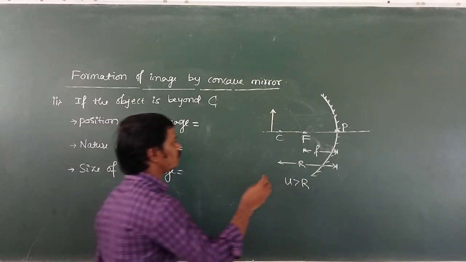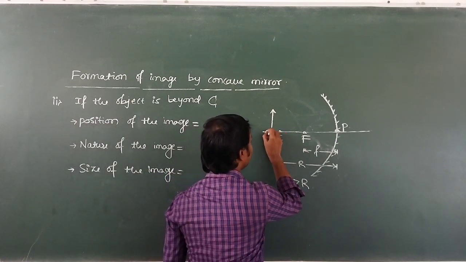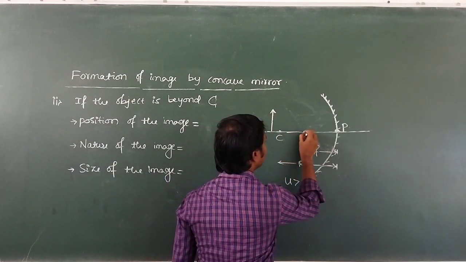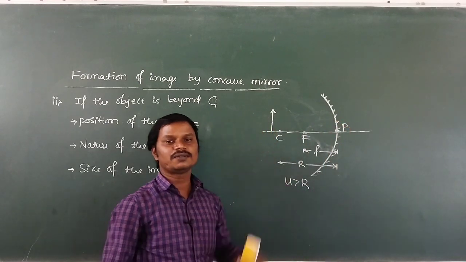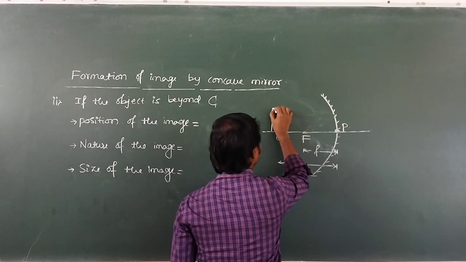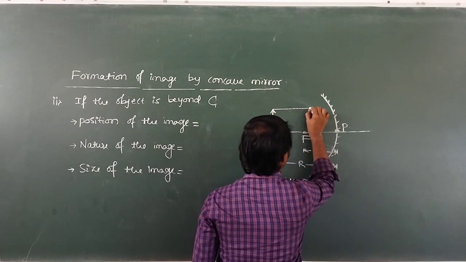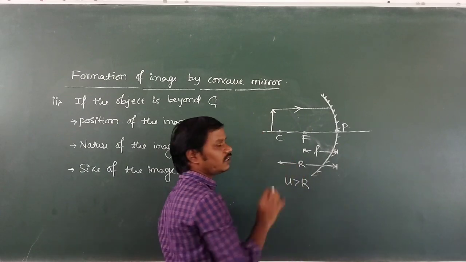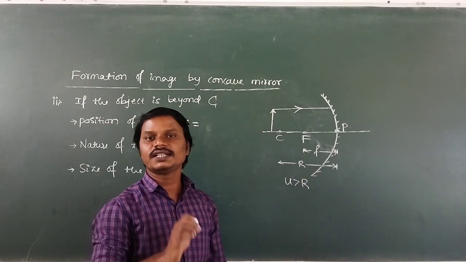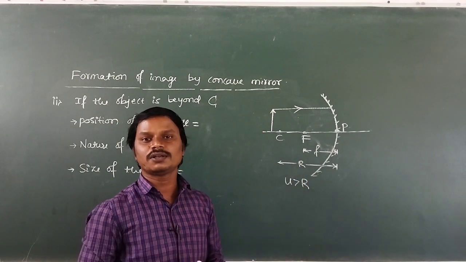So first ray. In order to get the image of the object, at least how many rays do we have to consider? Two rays. First ray is parallel to the principal axis. And one thing, while drawing the ray diagram, the arrow mark is very important. The arrow mark shows the direction of light.